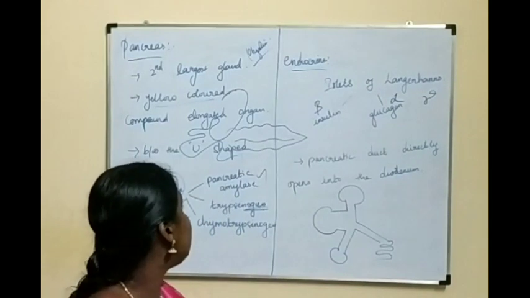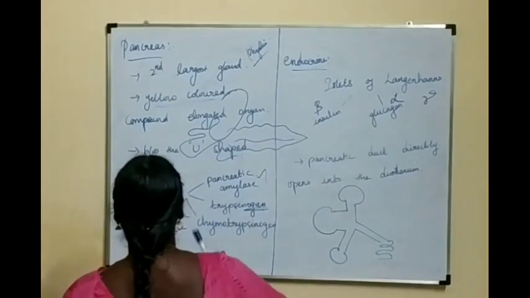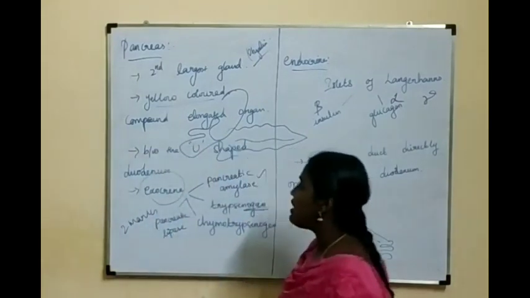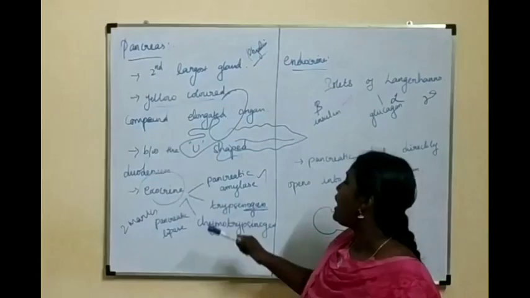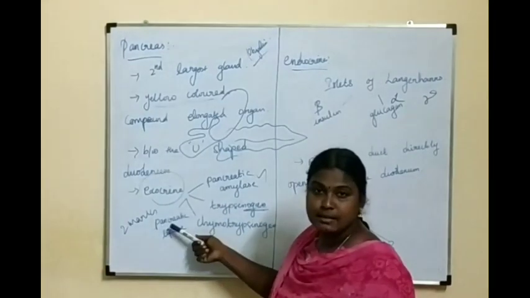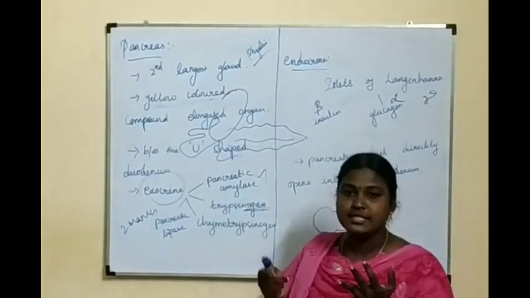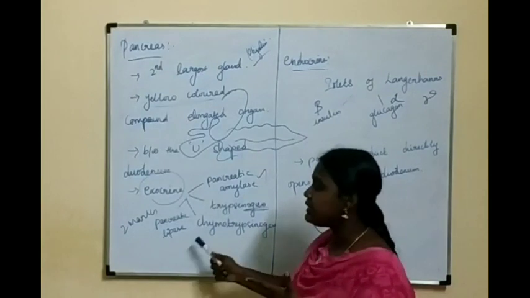The pancreas is the second largest gland, and this yellow-colored organ is an elongated organ located in between the U-shaped duodenum. It secretes exocrine and endocrine products. Exocrine enzymes are pancreatic amylase, trypsinogen, chymotrypsinogen and pancreatic lipase.